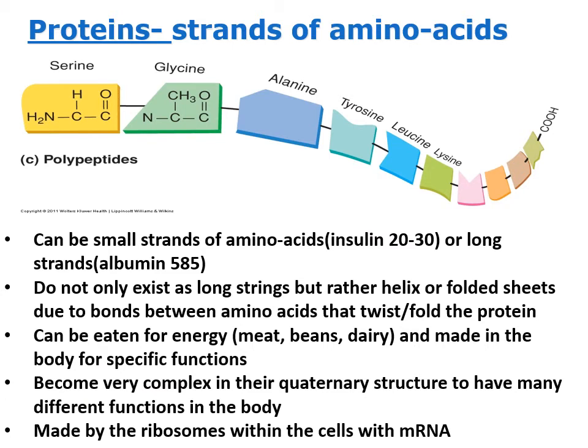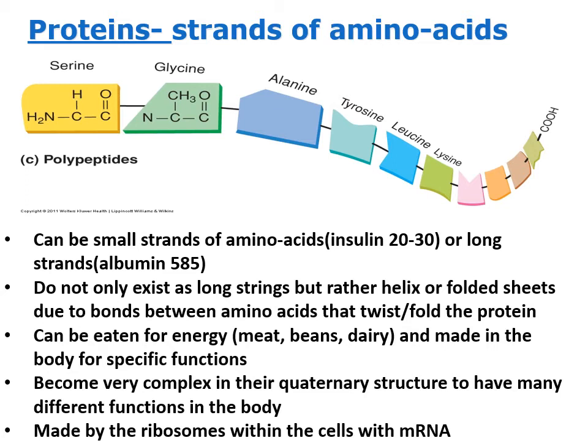Okay, so this slide is just giving you an example of a protein, just to solidify your understanding. And a protein is long strands of amino acids, right? And of the 21 amino acids, they'll just combine in a sequence to make a certain protein. Some are longer, some are shorter, okay?